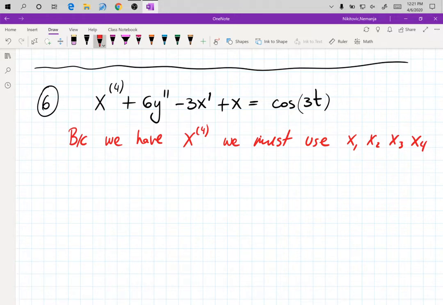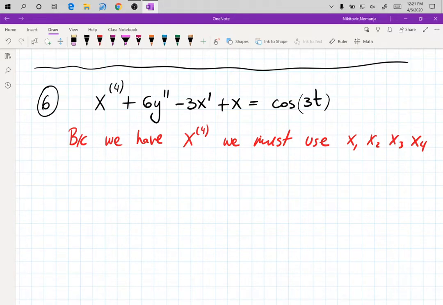So we must use 4 of these functions for our systems. Now, can these functions be called y, z, w, and v? Yes, they can, right? You can't use x, you can't use t, those are already used up. But if your life would be improved in any way by calling this y, z, w, and v, go ahead.